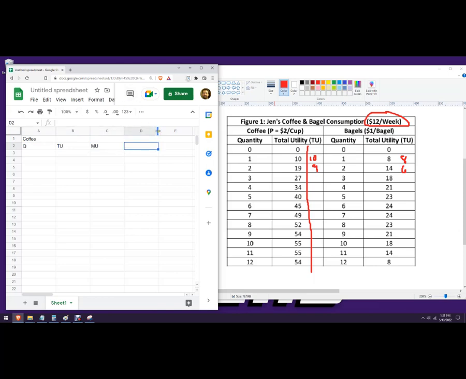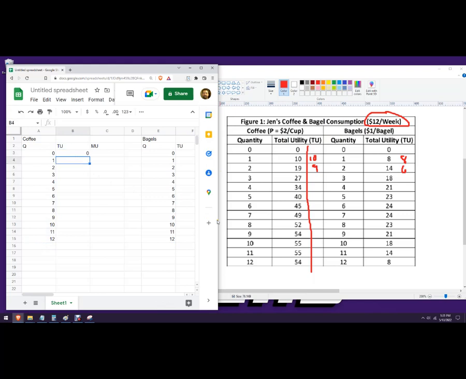Then we'll make this a little more narrow. We'll do the same thing for bagels. 0, 1, 2, 3, and it should be smart enough to recognize the pattern, there we go, up to 13, and I can grab all of this, hit Control C, and copy it right there.